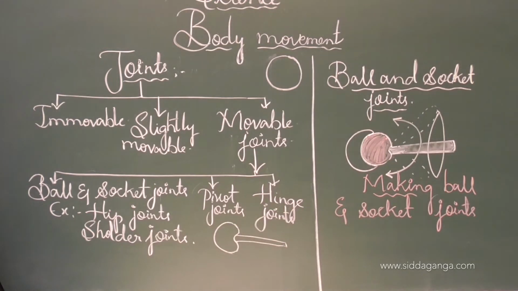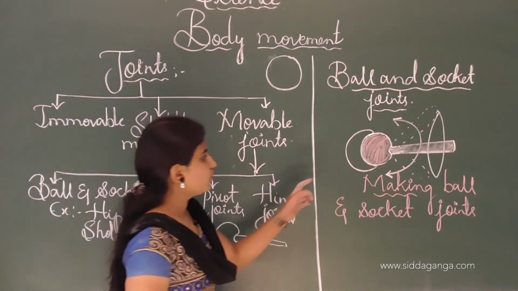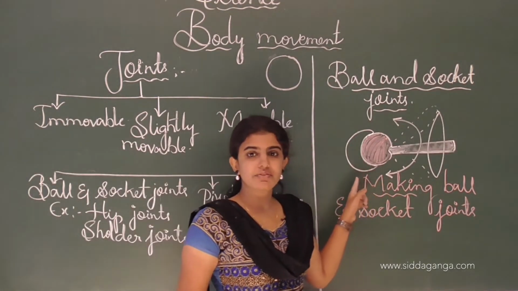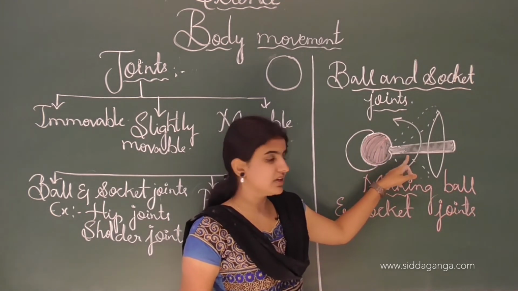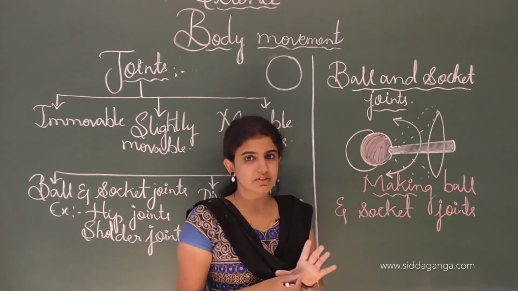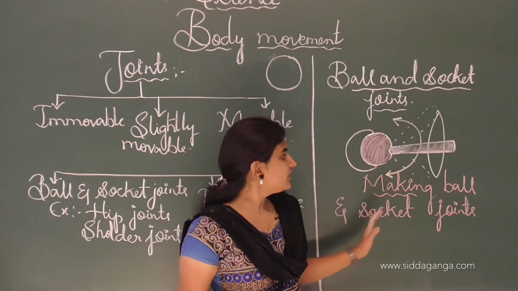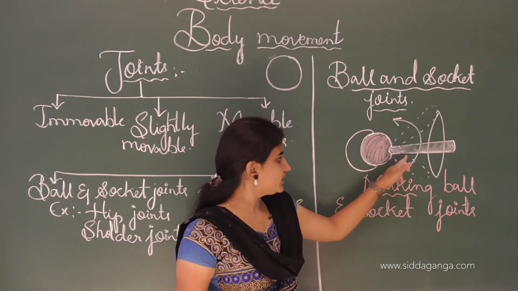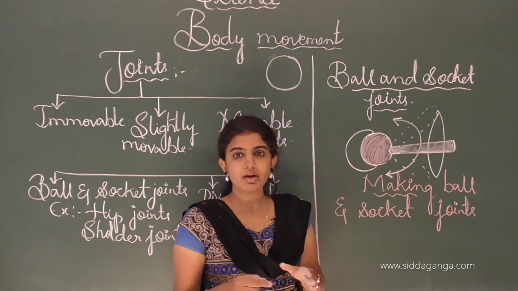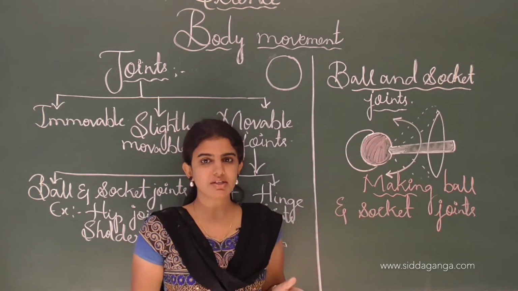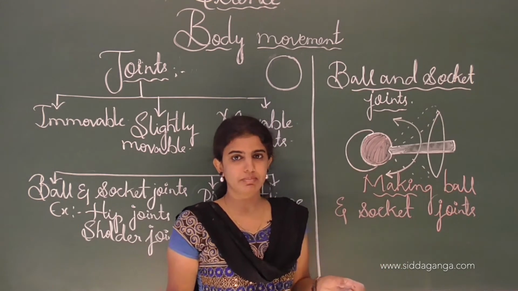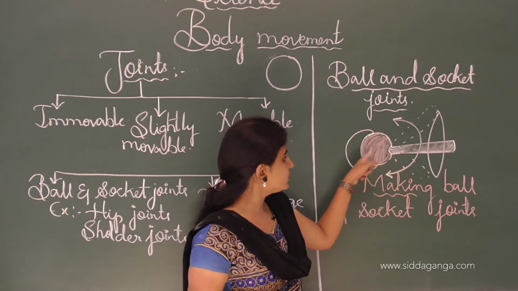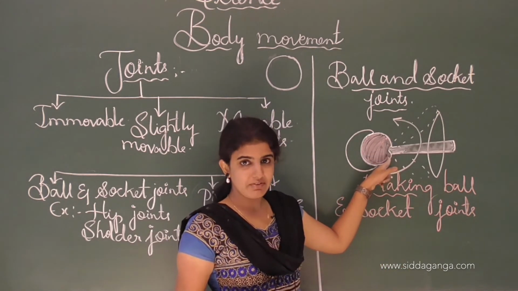See, this activity. First we have to take one ball, and in it we have to make one cavity, so that a paper cylinder can easily fit into the ball. In this activity, first we take the paper and roll it up to make a cylindrical shape. Like that we make one cylindrical paper, and now we fix it into the ball having the cavity.